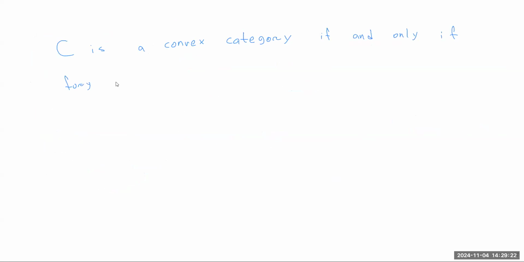for every objects x, y, C(x,y) is a convex set, but also they are acting together in a good way. What does that mean?